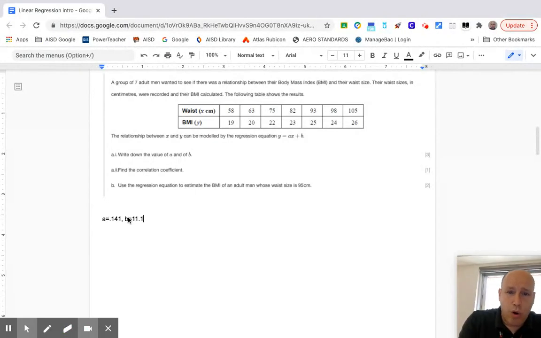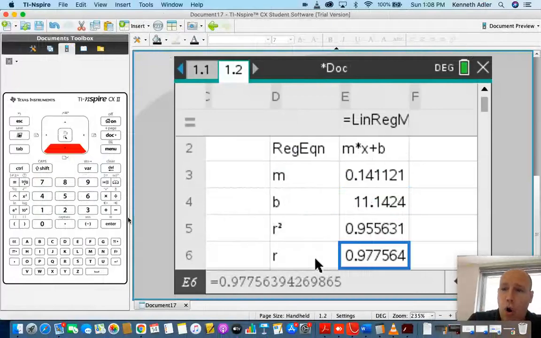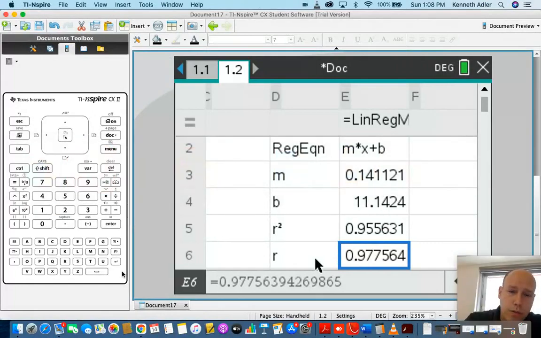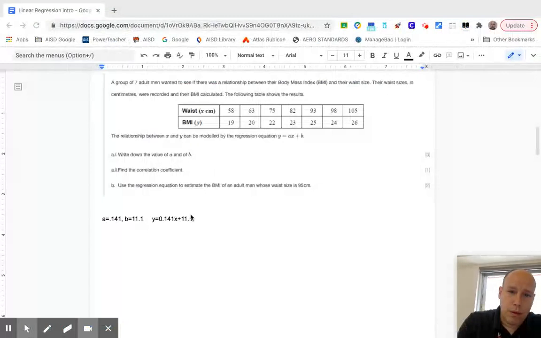Next, so our equation is Y equals 0.141X plus 11.1. Nice. Find the correlation coefficient. Okay, let's go back to the calculator. Our R, we're not looking at R squared, we're looking at R. It's 0.978. So R equals 0.978.